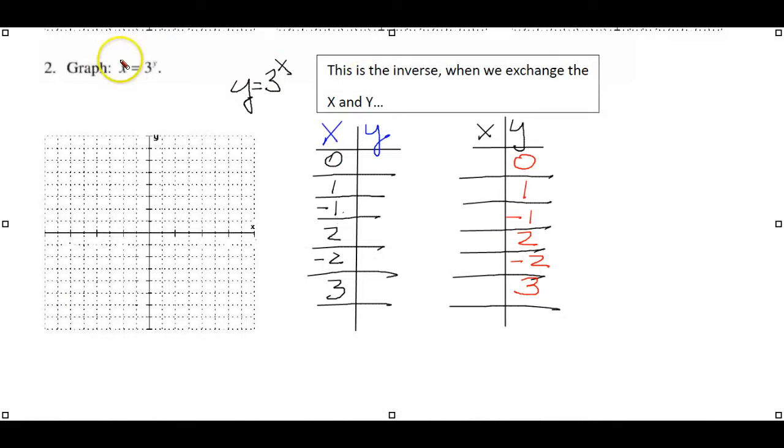Now, in example 2 here, I don't know if you see it, but we've switched the letters around. We're looking for the inverse when we change the position of the x and the y. Now, we did this one above as an extra one, so let's fill this in again.